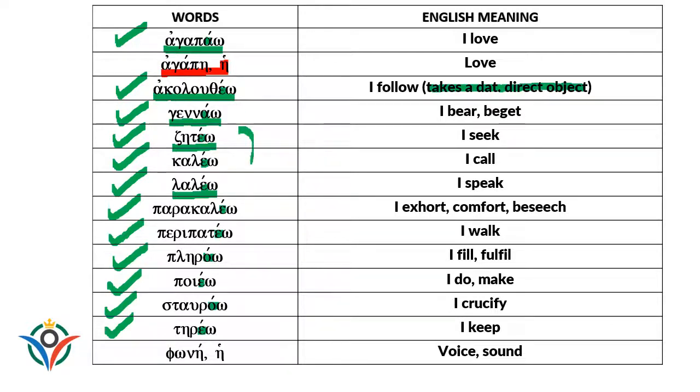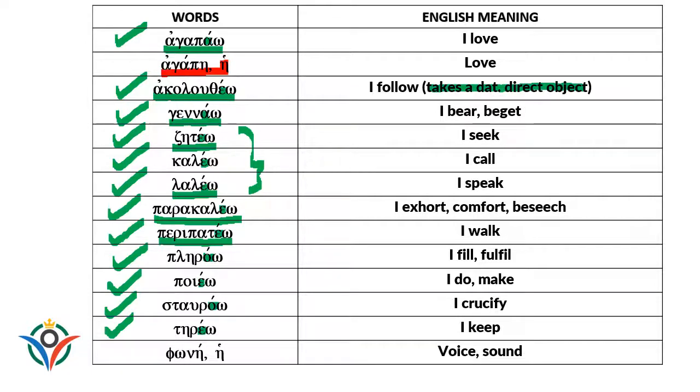Right, so this vocab is quite tricky, and you need to learn it well. Zeteo, kaleo, laleo all sound very similar. Then we have parakaleo, which means I exhort, I comfort, beseech. Then peripateo, which, as you can see, is a compound verb.